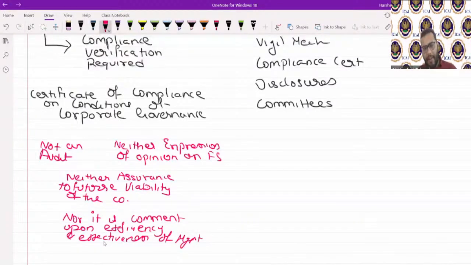So I am saying this certificate is not an audit. This certificate is neither an expression of opinion on financial statements, nor assurance on future viability, nor is it commenting on efficiency and effectiveness of management.